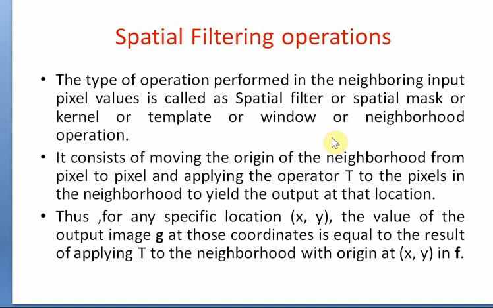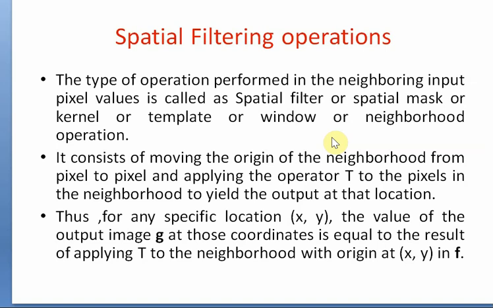That means if we apply the particular operation at the location x comma y, we will get the changed value at that same location. So that is said to be a point to point operation, right?